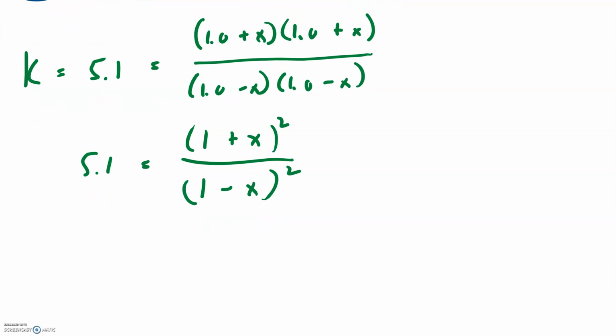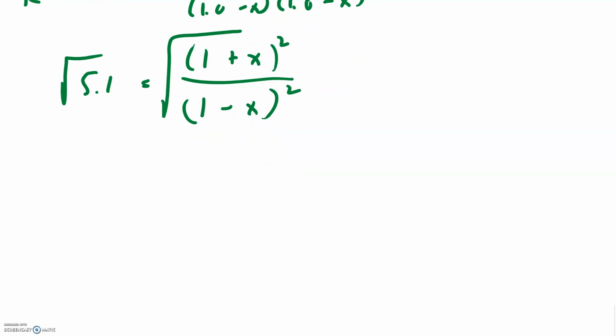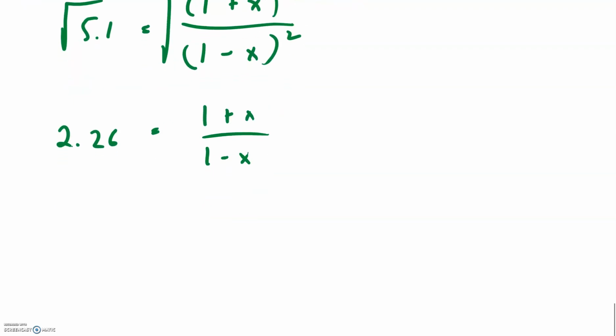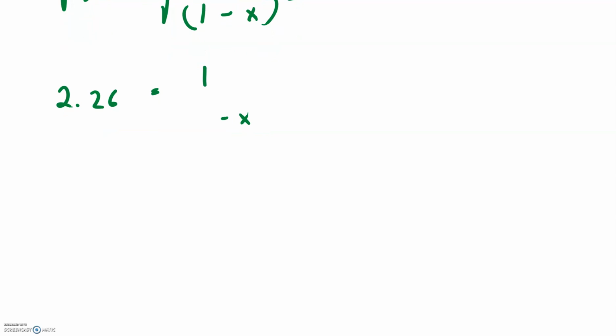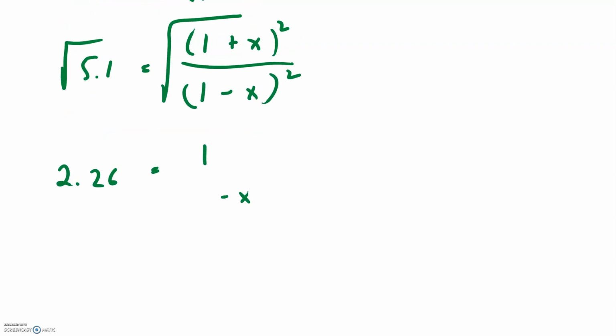So if we take the square root of everything, now what we have is 2.26 equals 1 plus x over 1 minus x. So I'm going to do my best to solve for x.